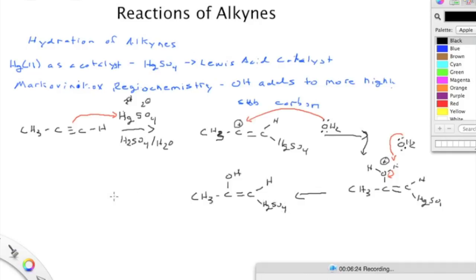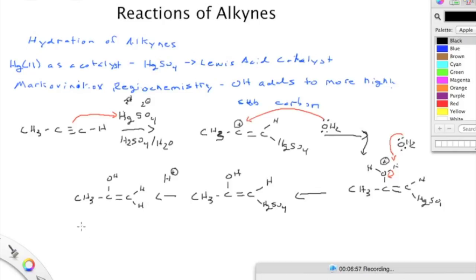And so treatment with a little bit more acid gets rid of this. Remember, we just formed some more acid right here by this H3O plus. So I'm just going to write H plus right here. Treatment with some more acid then removes your mercury that was attached, and now we have this new product.